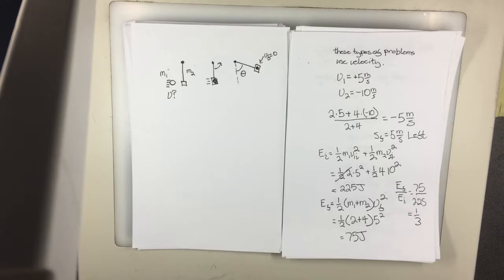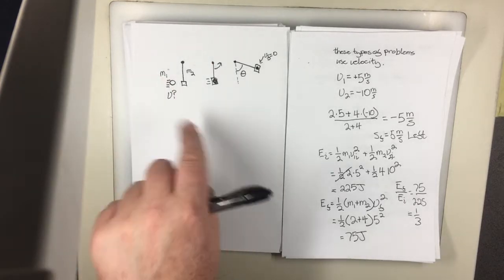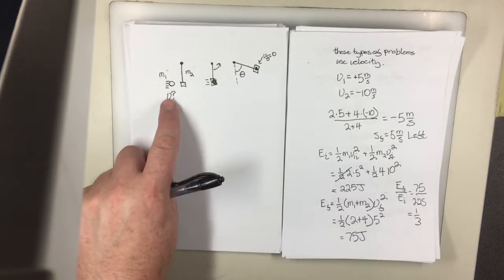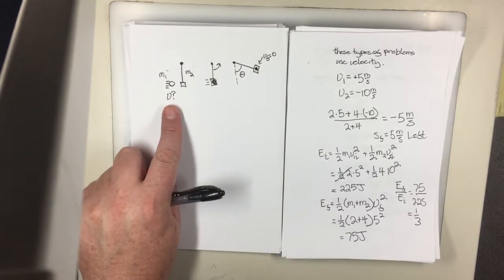You have an arm that has a basket at the end of the arm. You fire a ball into it at an unknown velocity. You know the mass of the ball, you know the mass of the arm. The ball and the arm lift to a particular angle. The question is, given that angle and all these masses, what is the velocity of the ball that you fired?